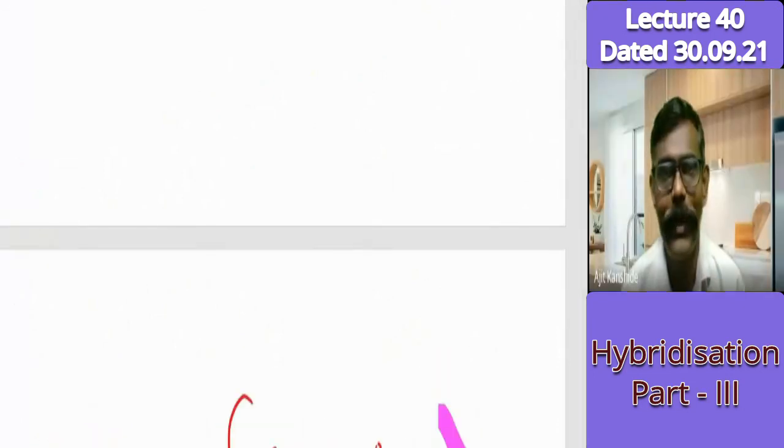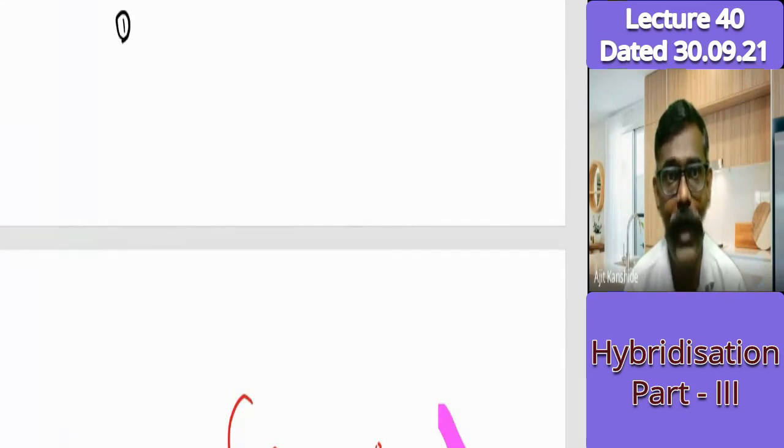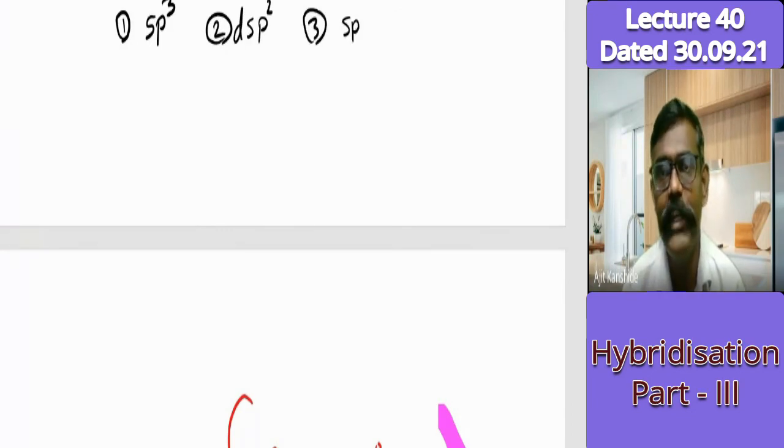So, I sum up the discussion. Today, I discussed the 3 possible ways of hybridization for 4 bonded compounds. First was sp3, second was dsp2, third sp2d. All three are different hybridizations.